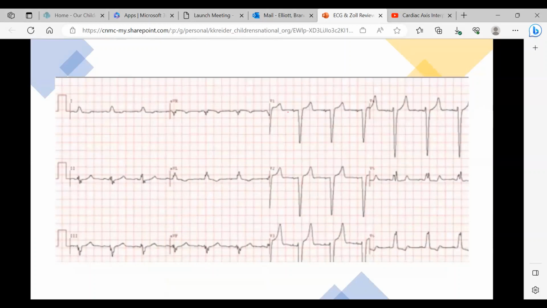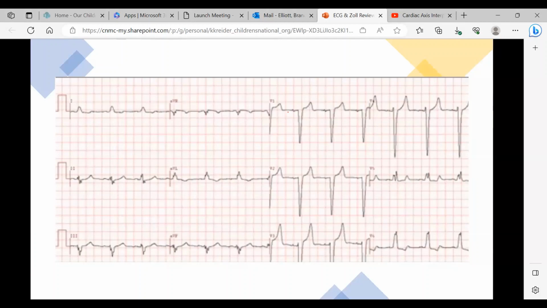Lead 1 looks up, lead 2 looks up and down, AVF looks down. First off, it does look regular. Okay, perfect. What else?